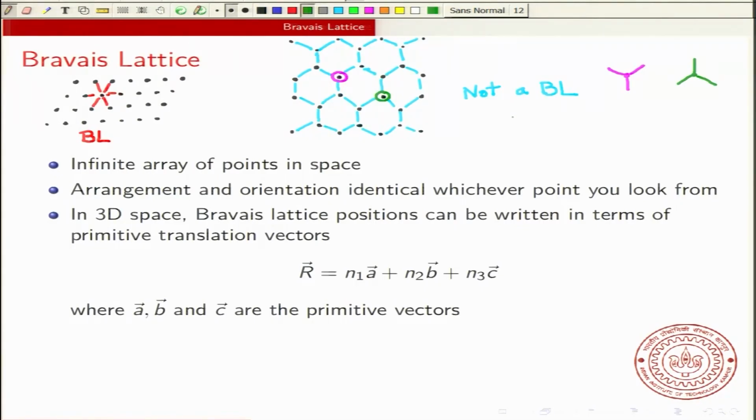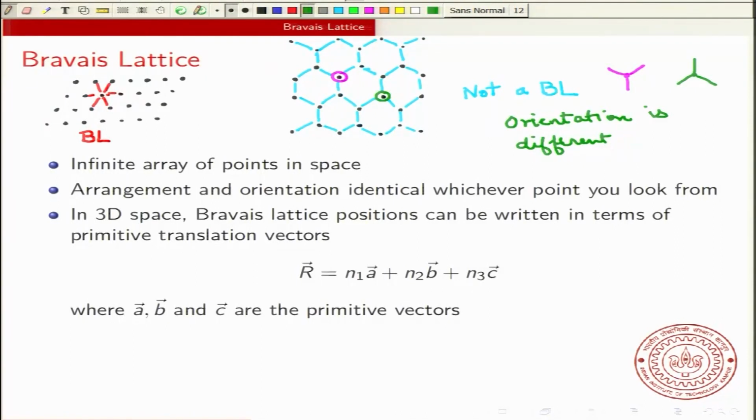The orientation is different. So, a honeycomb lattice in 2 dimensions is not a Bravais lattice.